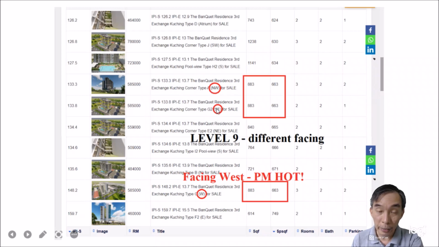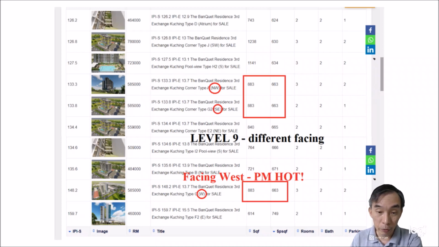So ideally, our Asian mentality is to face the house to the north or to the south, so that we avoid direct sunlight from the entrance to the property.